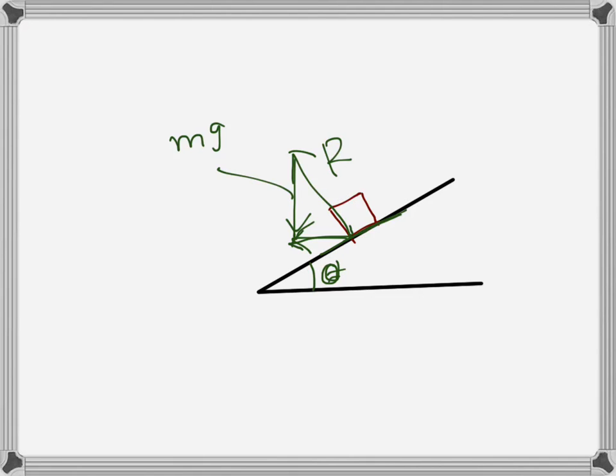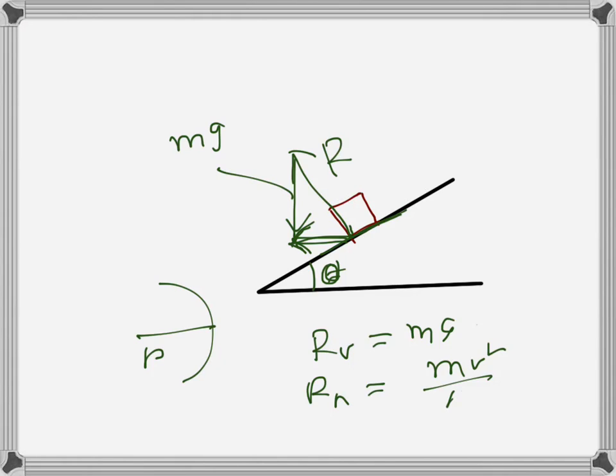So if the circular path's radius is R, there will be a centripetal force, and that centripetal force will be equal to this horizontal R component. So if we say R vertical, that will be mg, and R horizontal will be mv square over R, because that is the centripetal force.